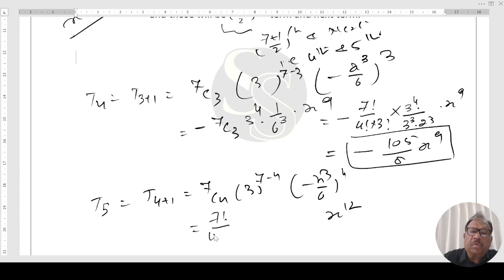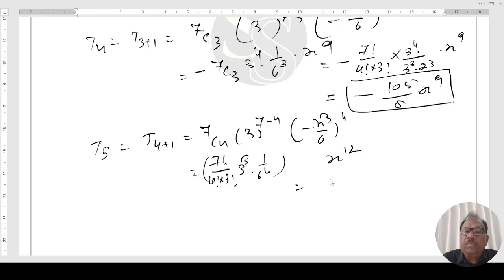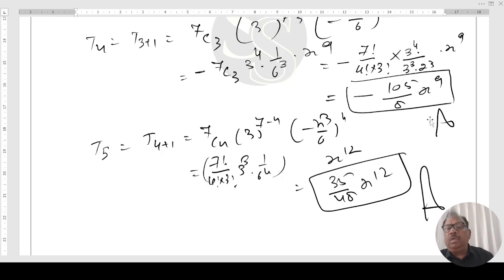Factorial 7 upon factorial 4 into factorial 3 into 3 to the power 3 into 1 over 6 to the power 4. So this comes out to be 35 upon 48 x to the power 12. This is one. Calculation I have left for you. This is the basic concept applicable in this case, right? Next question.